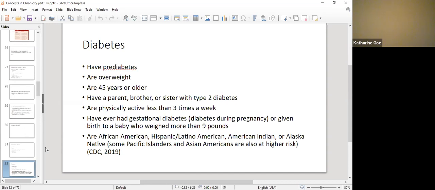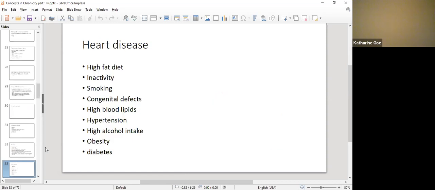Risks for diabetes: a person might have prediabetes, obesity, be 45 years old or older, have a parent, brother, or sister with type 2 diabetes, be physically less active, or have had gestational diabetes. Race and ethnicity are also risks for diabetes.